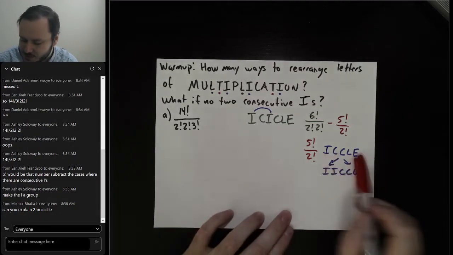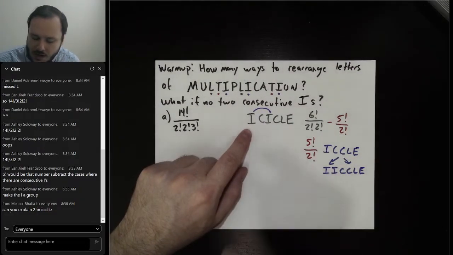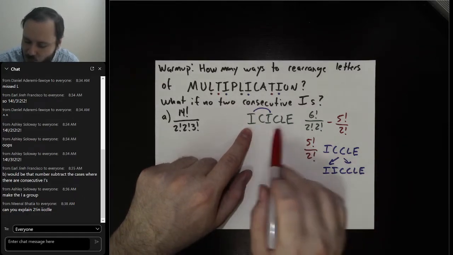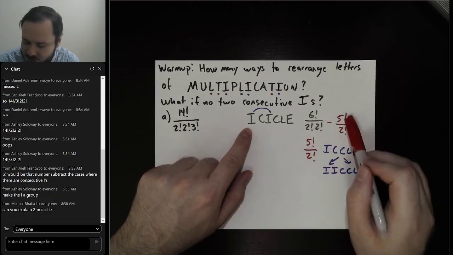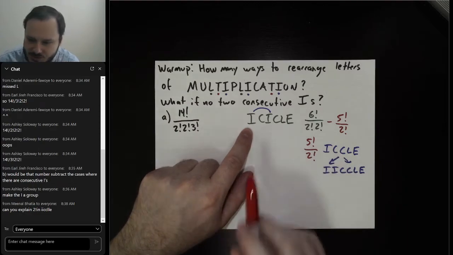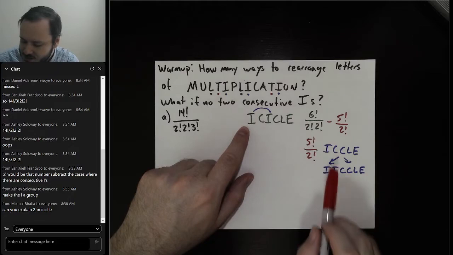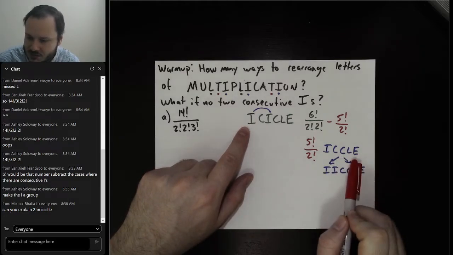Oh, can I explain what's going on here? Sure. So I want a rearrangement of icicle where I do have 2 I's together. The idea is if I want to avoid the double I, I take the total number and I subtract off the number that do have the double I. And in order to force the double I to happen, I'm going to collect my letters, except I'm only going to use 1 I when I do my arrangement.